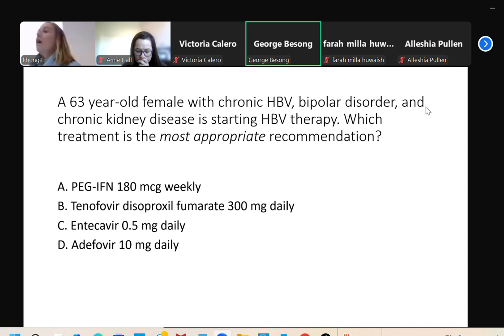Eliminate B because it can be hard on the kidneys. Good. So the other patient comorbidity is CKD. Do you guys remember, is this the OG form of tenofovir or the new improved? It's the older one.